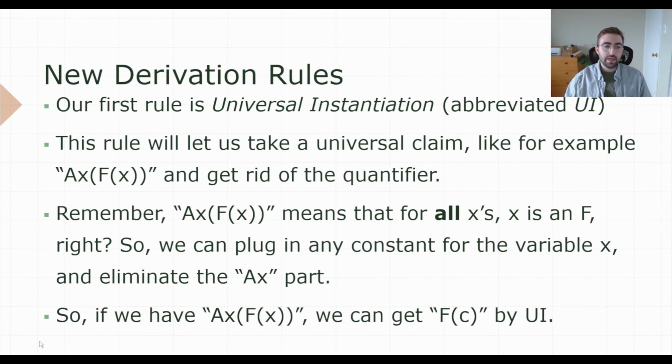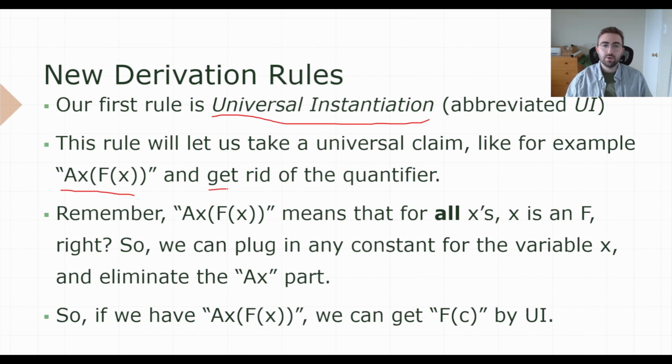So our first new derivation rule is going to be called universal instantiation. And it is pretty straightforward, I think. What the rule lets us do is take a universal claim, for example, for all x's, x is an f, or everything is f, basically.